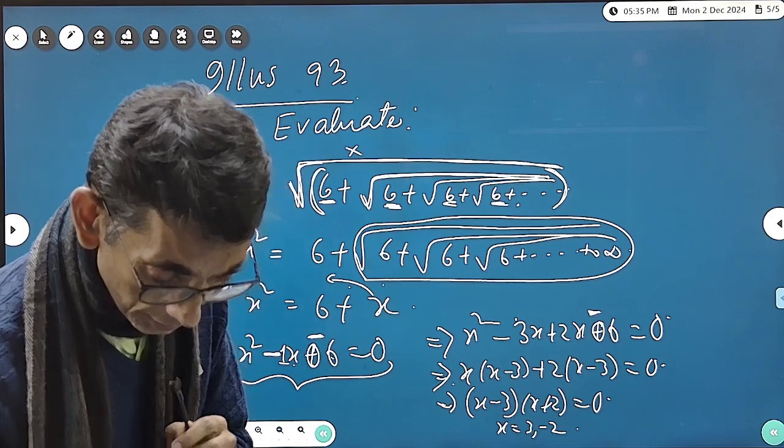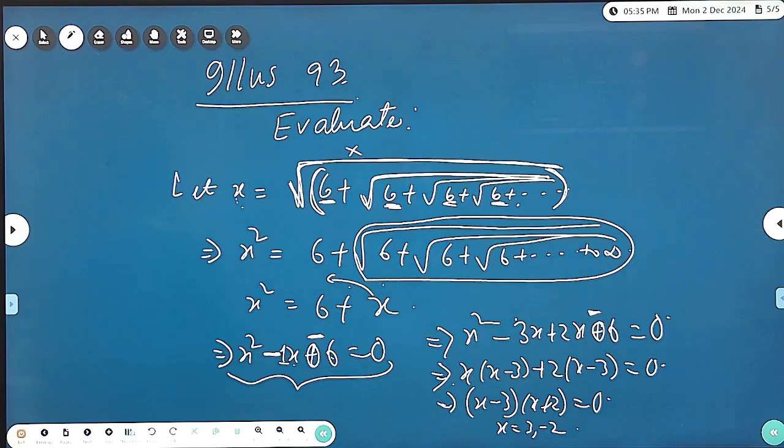Okay, then illustration 98. So all of you solve illustration 98. Okay, page number 135.